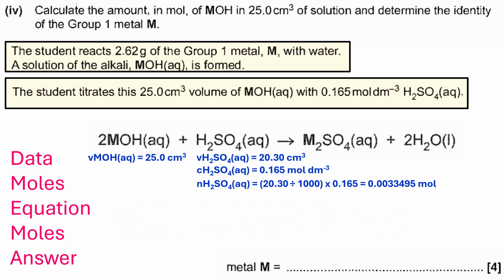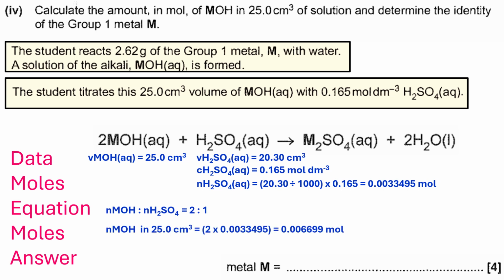Looking at the equation, it tells us that the ratio of the number of moles of MOH to the number of moles of H2SO4 is 2 to 1. Therefore I need to double the number of moles of H2SO4 to get the number of moles of MOH in my titration, which is the 25 centimeters cubed volume. Now that came originally from 250 centimeters cubed, didn't it?